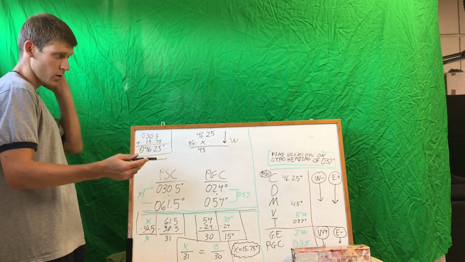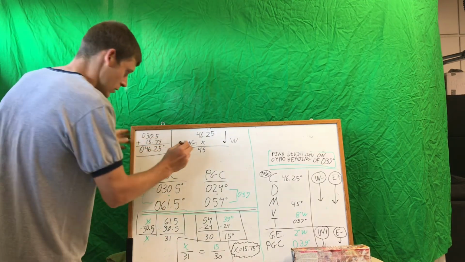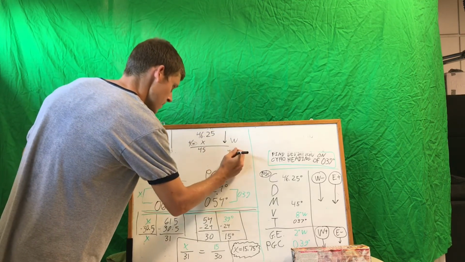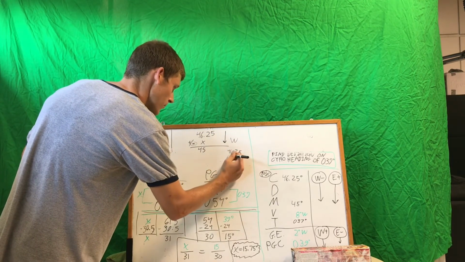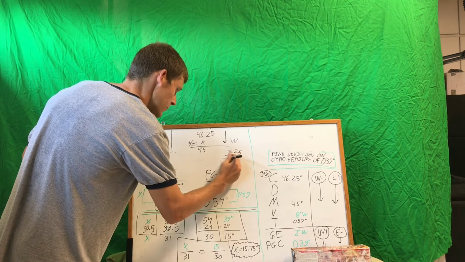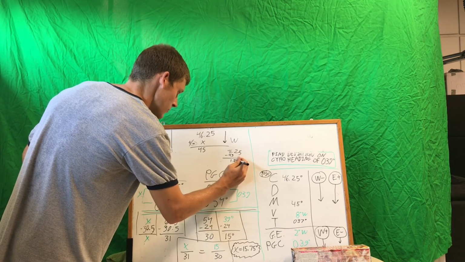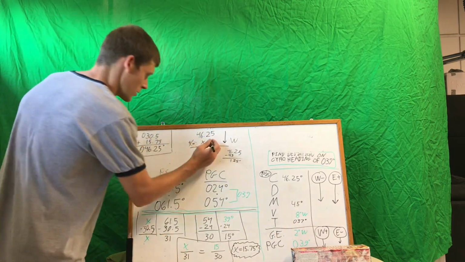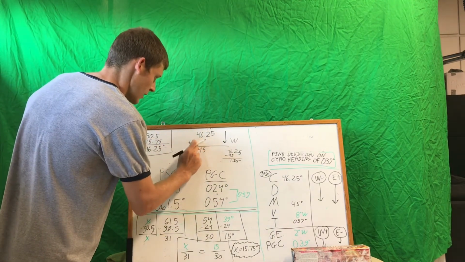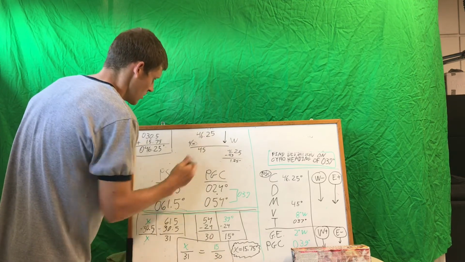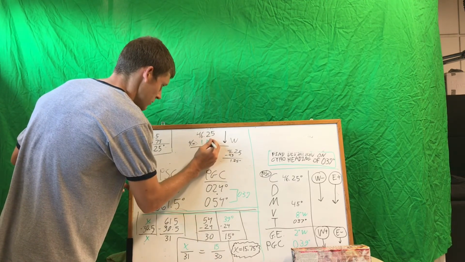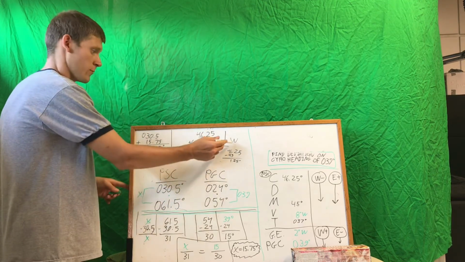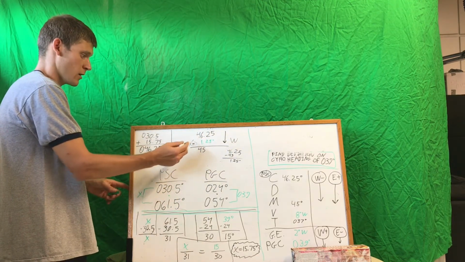So now we can go 46 1/4 minus 45 equals 1.25. That's the difference between these two. So if we put x as 1.25 degrees west, if it's west, we're allowed to subtract.